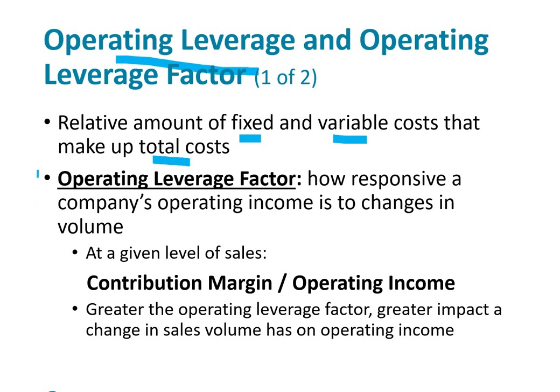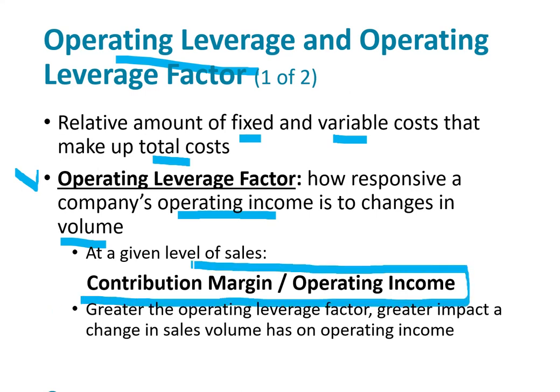So this sets up something called the operating leverage factor. It's how responsive a company's operating income is to changes in the volume at a given level of sales. The calculation for the operating leverage factor is contribution margin divided by operating income. The greater the operating leverage factor, the greater impact the change in sales has on operating income.